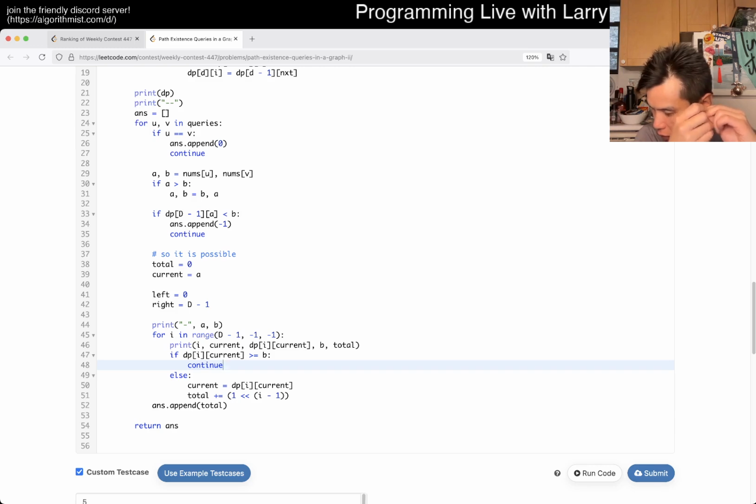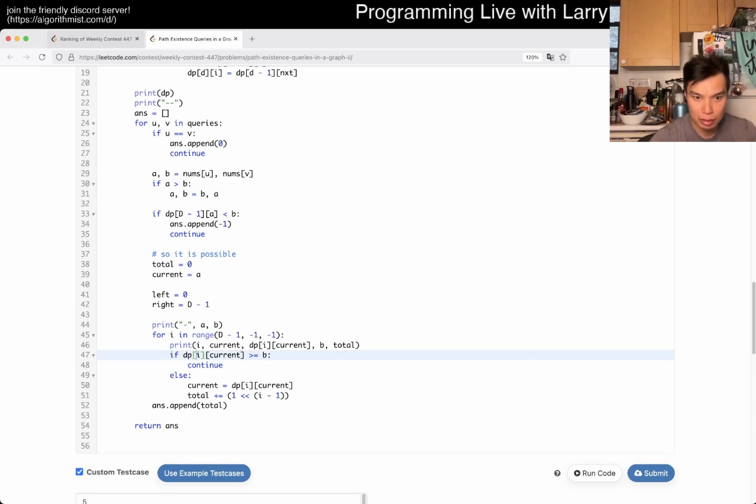Oh, you don't shift it correctly. What you should be saying is there should be an I minus 1 somewhere. That's why I think that's it. Okay. Something like this.